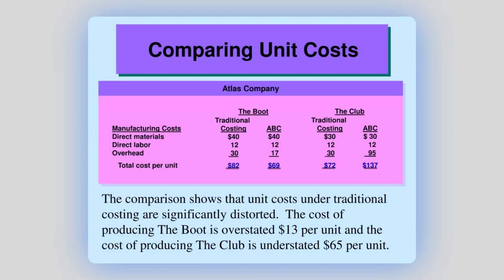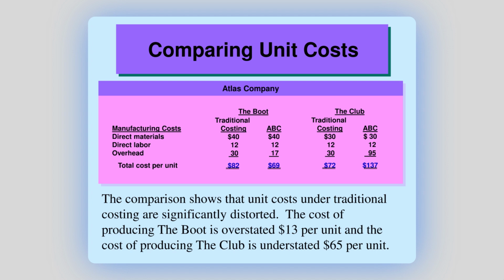Okay. Diba class, if you notice, the boot, magkano yung traditional costing niya? 82. Activity-based costing, you have 69. The club naman, as a low volume, you have 72 in traditional and 137 in the activity-based costing. The comparison shows that the unit costs under traditional costing are significantly distorted. The cost of producing the boot is overstated by 13. We have our activity-based costing.